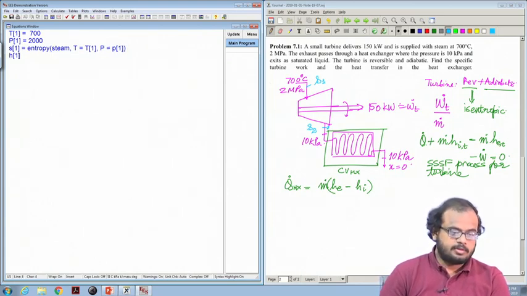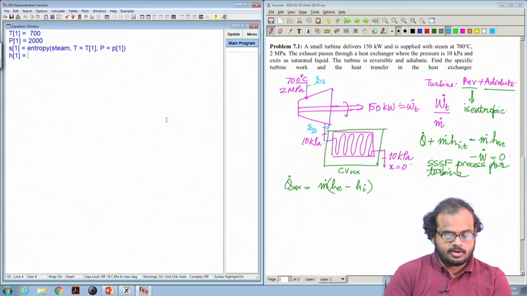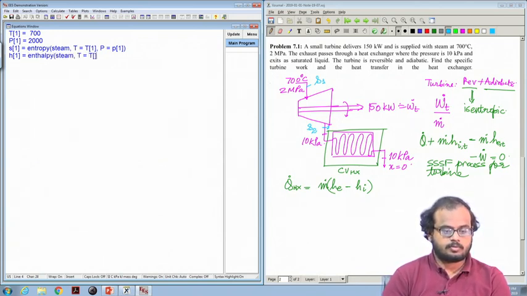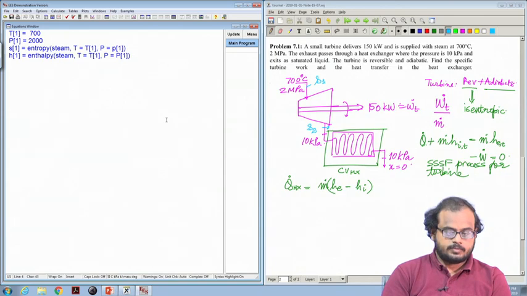Similarly, the enthalpy we may need later on. At state 2, because the turbine is reversible and adiabatic, we have S2 is equal to S1, and we have been given that the pressure at point 2 is 10 kilopascal.